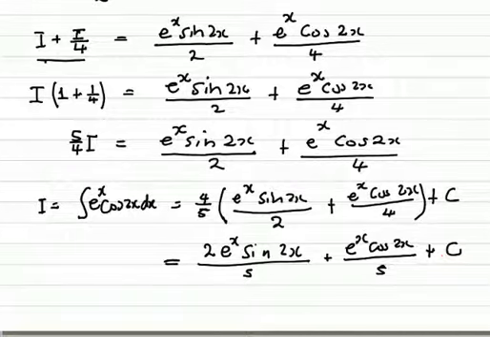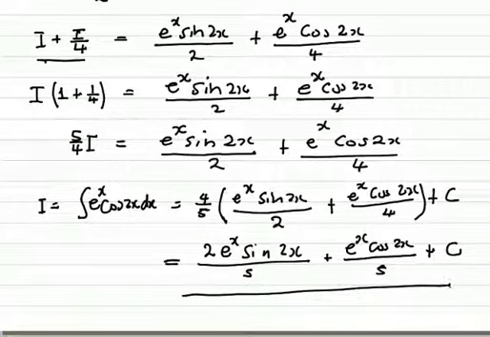Just to double check that it is correct: this 2 here simplifies with this 2 there, you get a 2, and then you've got a 5 here. Now here 4 simplifies with that 4, you get a 5 there. Then that will be your answer to your integral.